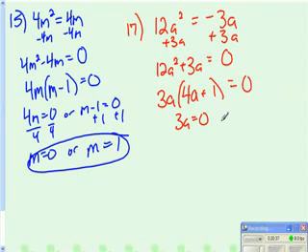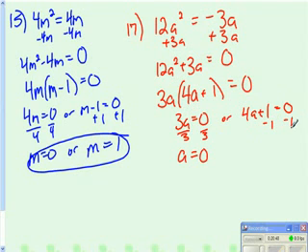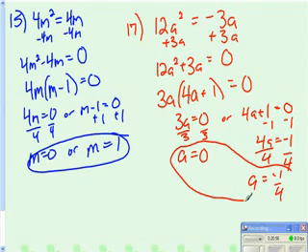So either 3a has to be 0, or 4a plus 1 equals 0. Divide by 3. A equals 0. Subtract 1. Divide by 4. A equals negative 1/4. So it's one of those two things. That negative's kind of funny looking. Sorry. All right. And that is the end of this video.